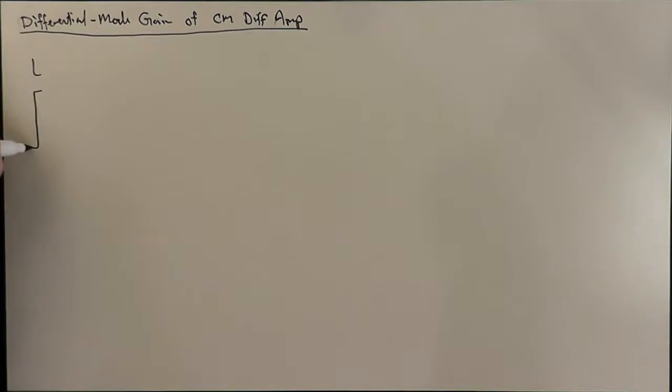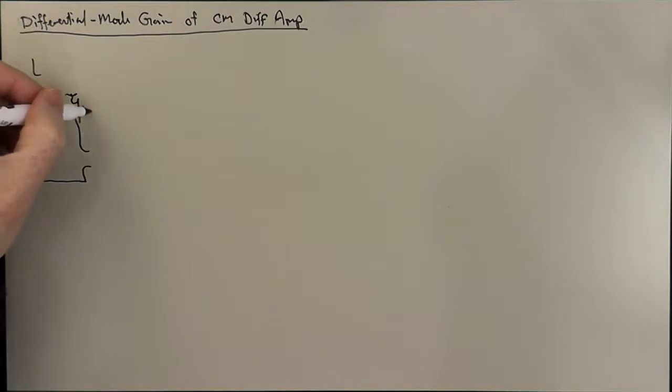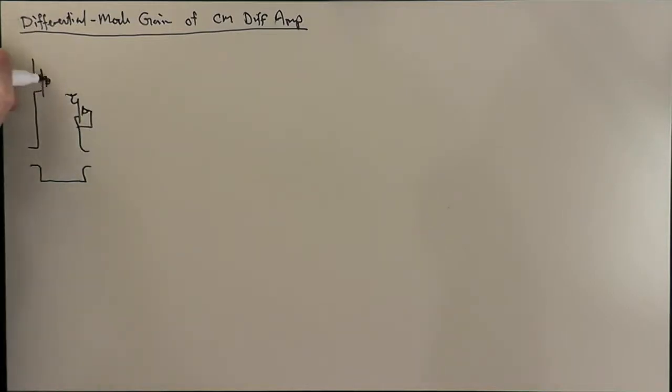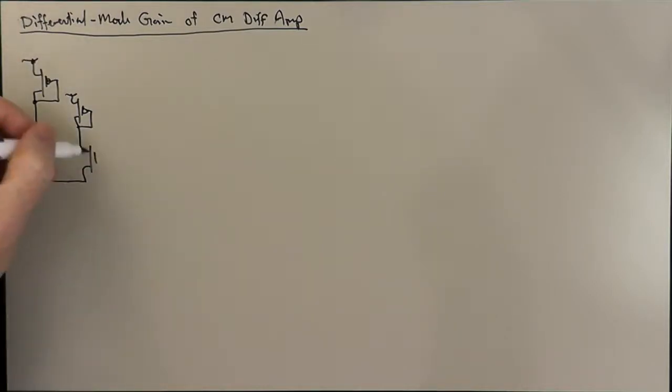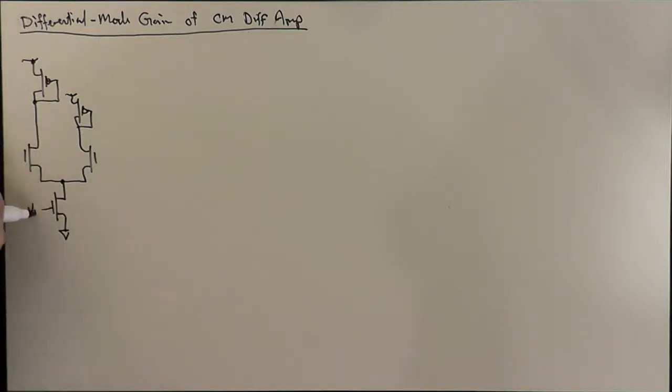There's a diff pair. A couple of PMOS current mirrors. So we have VB, MB, M1, M2.